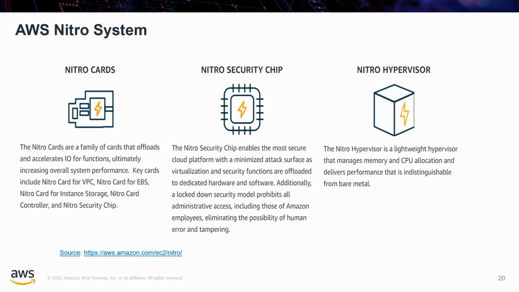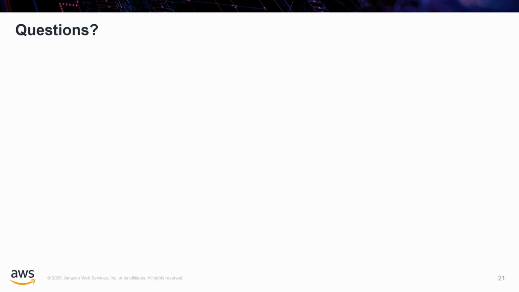These specialized Nitro cards exist for security and other purposes, even for storage, and they enable offloading of encryption, decryption, storage and so on. There is another video on YouTube, the 400 level talks, that speaks about these AWS Nitro cards.